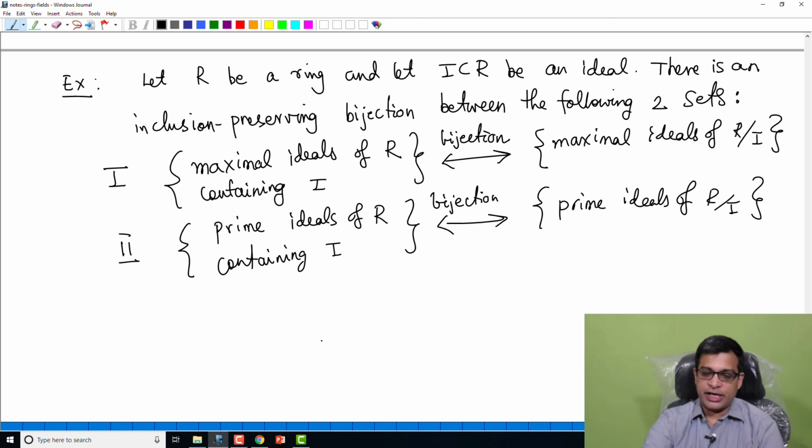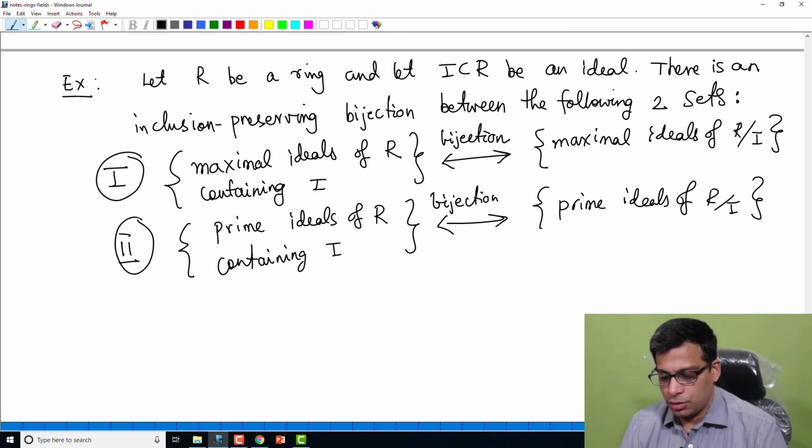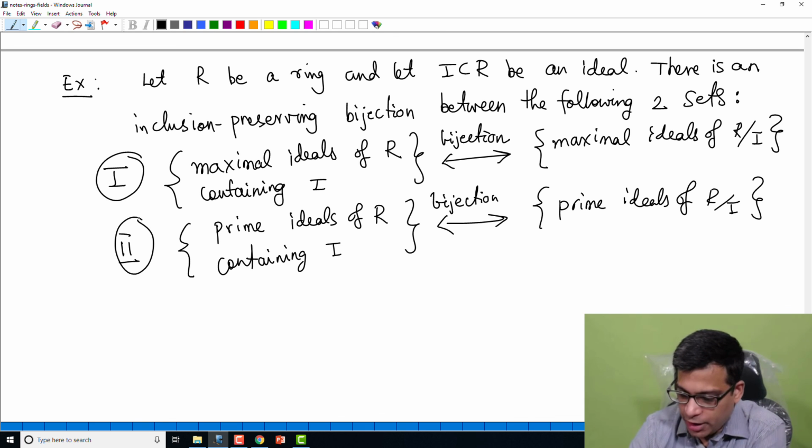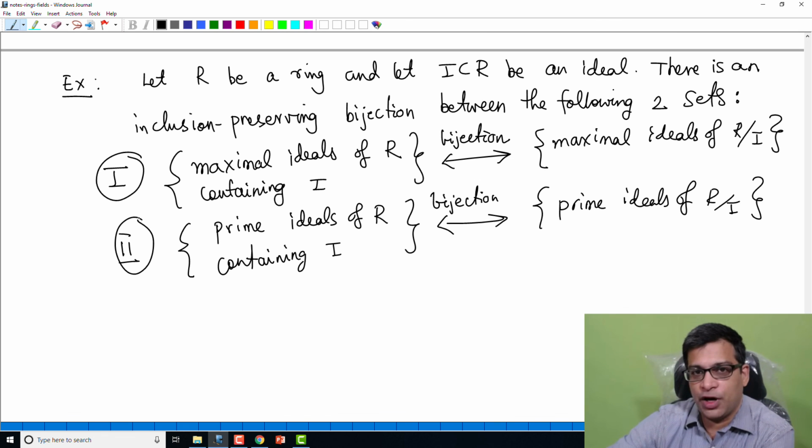So that gives the statement 1. For the second statement, you have to use a little more ring theory. It says that you take an ideal of R containing I. Suppose it's prime. The corresponding ideal of R mod I is also prime, you want to show. And similarly, if you take a prime ideal of R mod I, the corresponding ideal of R containing I, which exists by the correspondence theorem, is actually prime.